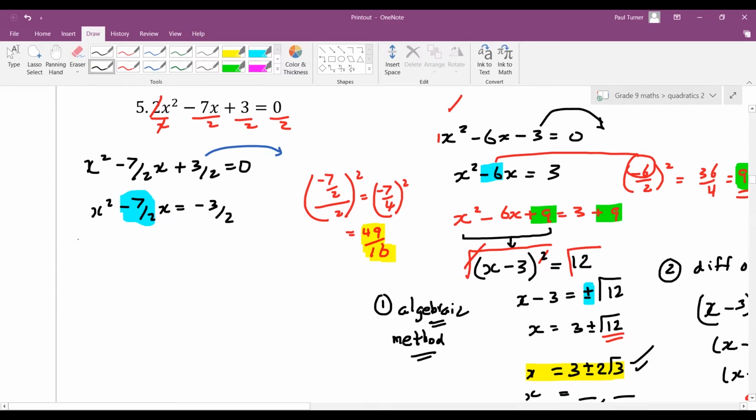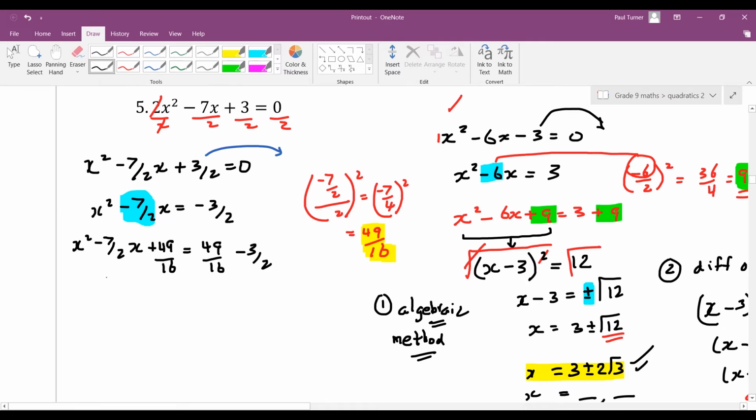So we'll do that. So x squared minus 7 on 2x plus 49 on 16. That will help you complete the square. Equals 49 on 16 minus 3 on 2. So I just put that in the front here.